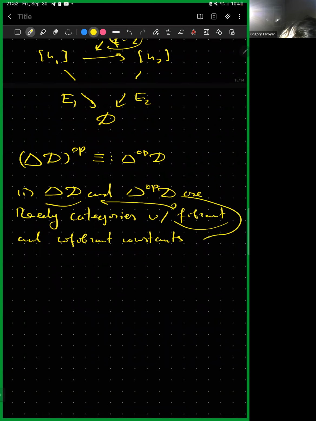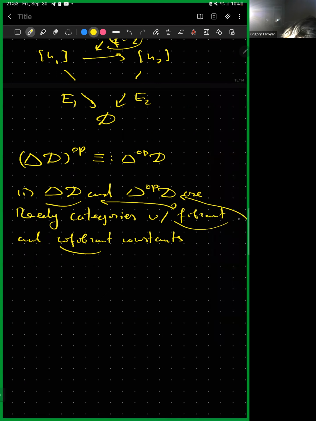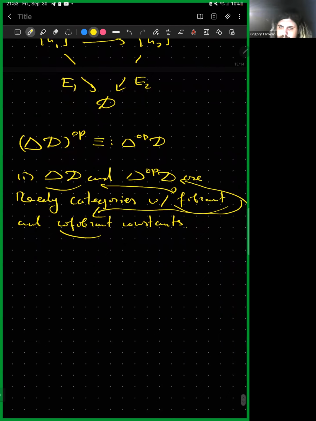This is a category with cofibrant constants. Okay, and how do we define these subcategories?